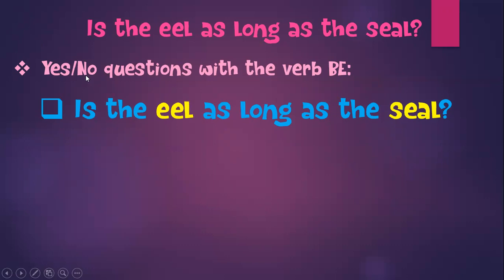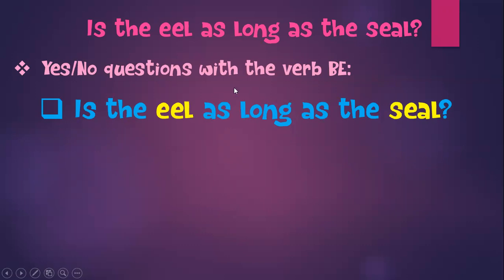So when we talk about yes, no questions, the answers usually are yes or no. For example, is the eel as long as the seal? Is the eel as long as the seal?